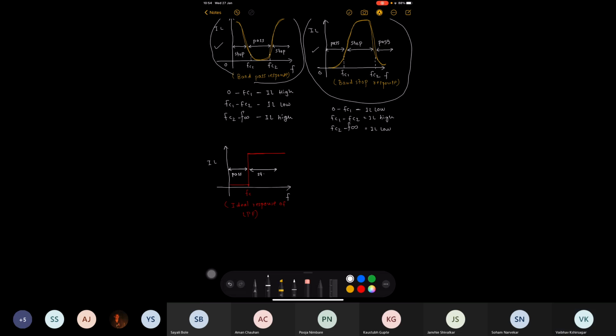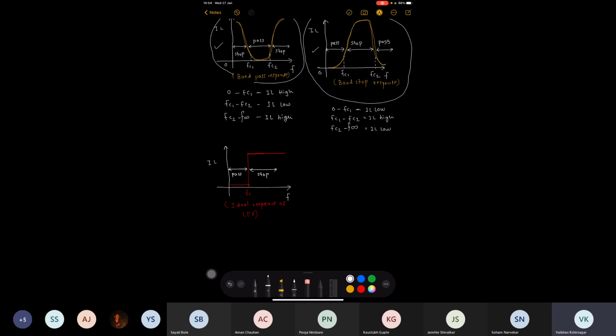Pass band and stop band are exactly separated by a single frequency component FC, and the frequency response, plotted by taking into account the insertion loss, is very sharp. So this is the sharp response we ideally should get.